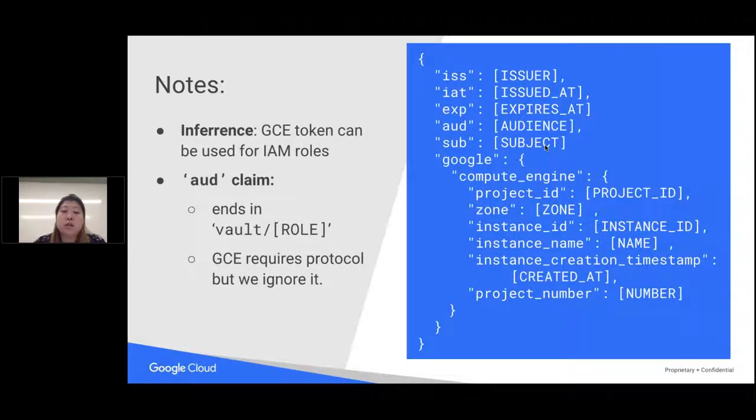But you don't actually need to do any further authentication step to do that. The other thing to note is that the audience claim that I would specify is an optional field on the JSON web token. We require that it ends in Vault and whatever role you're trying to log in as. GCE actually requires that you specify a protocol as well when you generate this token, but we ignore it.